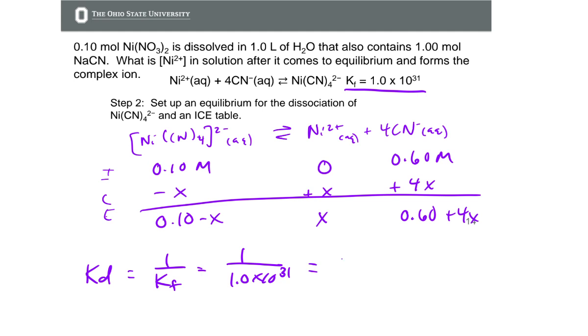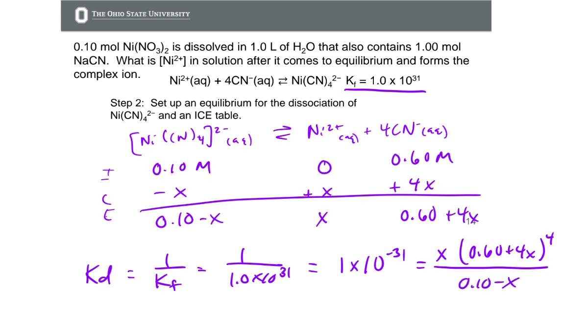So that gives us 1 times 10 to the minus 31. And we can set that equal to the concentration of products over the concentration of reactants. So we'll have in the numerator X times, in parentheses, 0.6 plus 4X, raised to the 4th, divided by 0.1 minus X. All right, everyone okay with that?